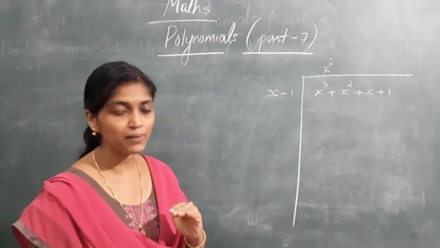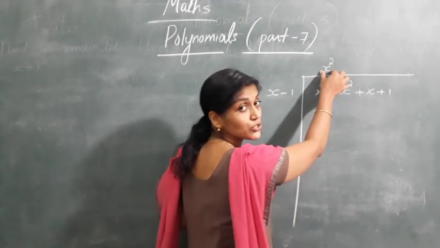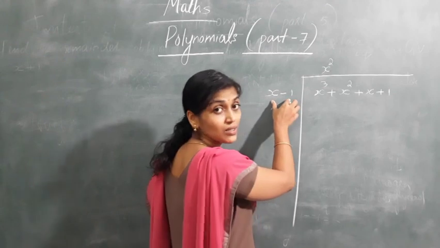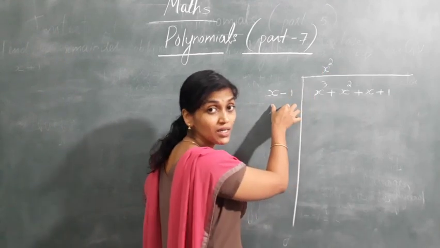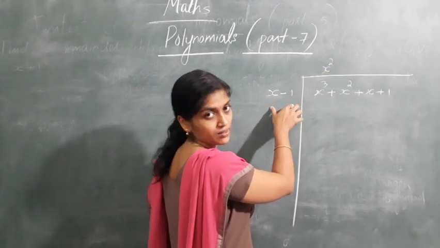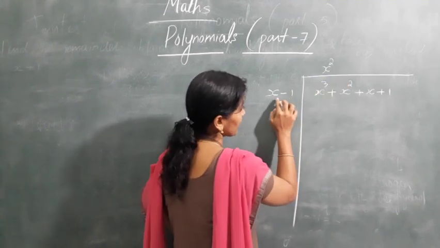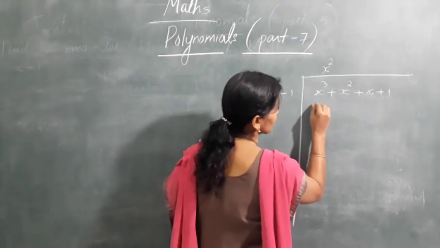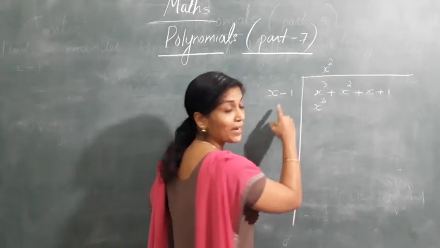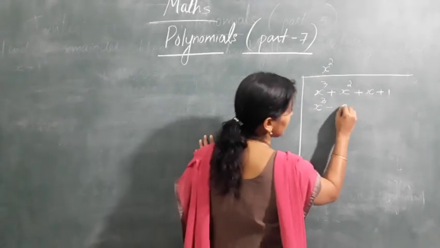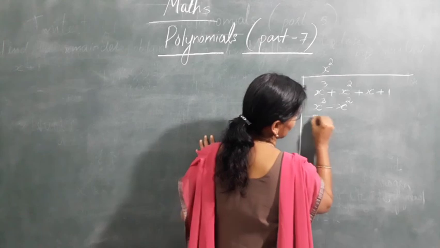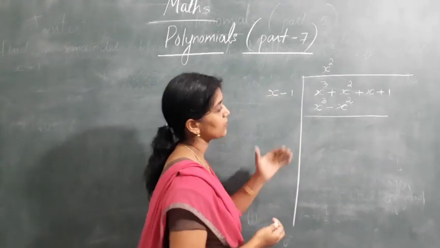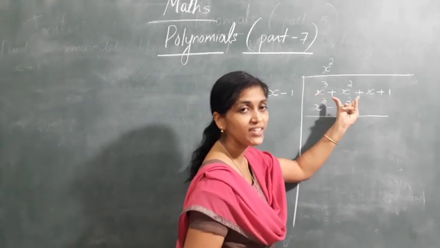Now the next step: take this term in the quotient and multiply it by all the terms of the divisor. That is x square into x, you get x cube. X square into minus 1, you get minus x square. Next step, subtract this from the dividend.